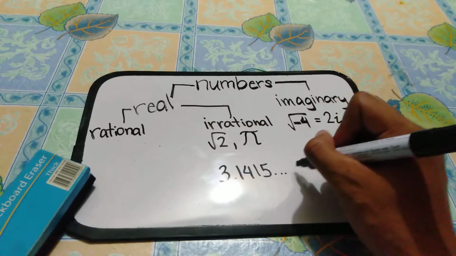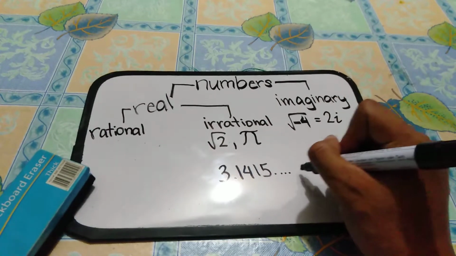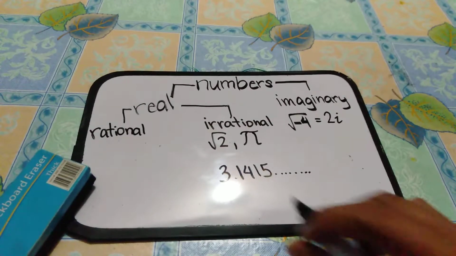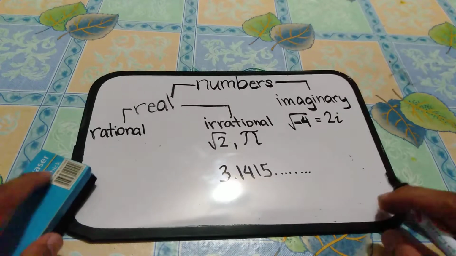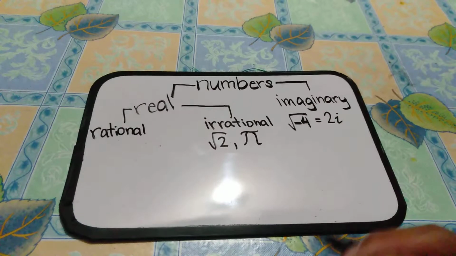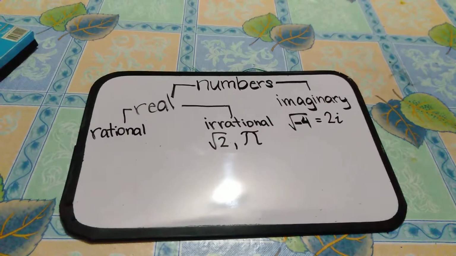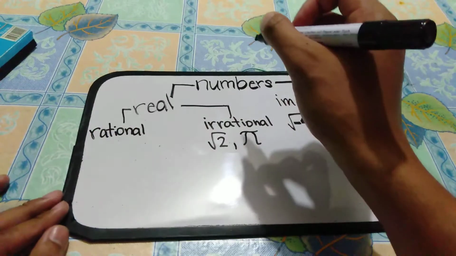It has 3.14, 3.145, and so on and so forth. It doesn't repeat and it doesn't terminate. That's why it's an irrational number. So, did you get the meaning of irrational numbers? Okay, let's move on. Let's go back to the rational numbers.